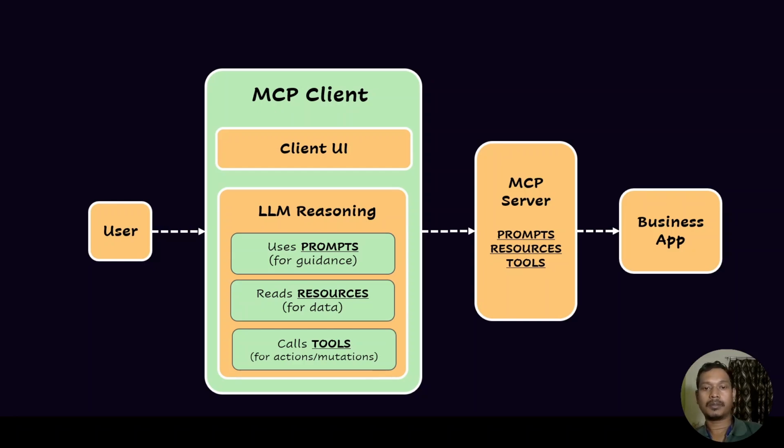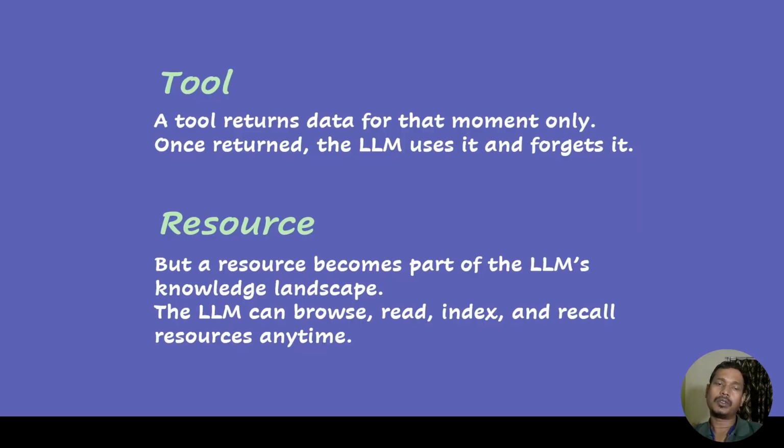So the tool is meant for performing an action or a task. In this way, you interact with your MCP servers. Then the MCP servers again interact, calling your business APIs and doing the work at the backend. This is the architecture.